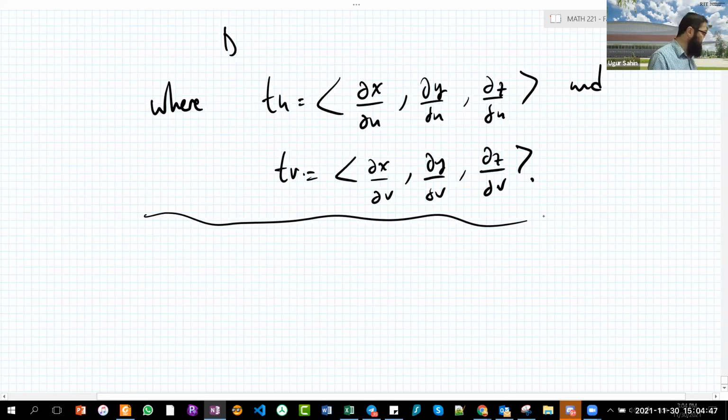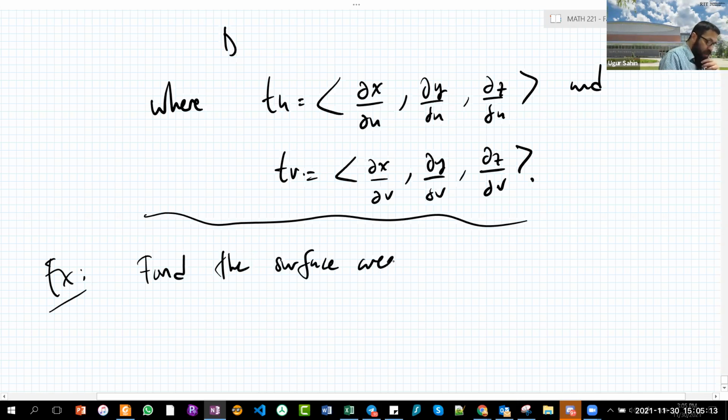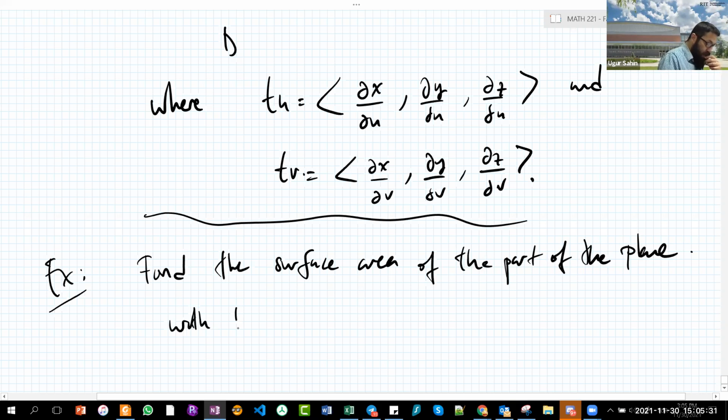The first example is this one. Find the surface area of the part of the plane with the vector equation below.